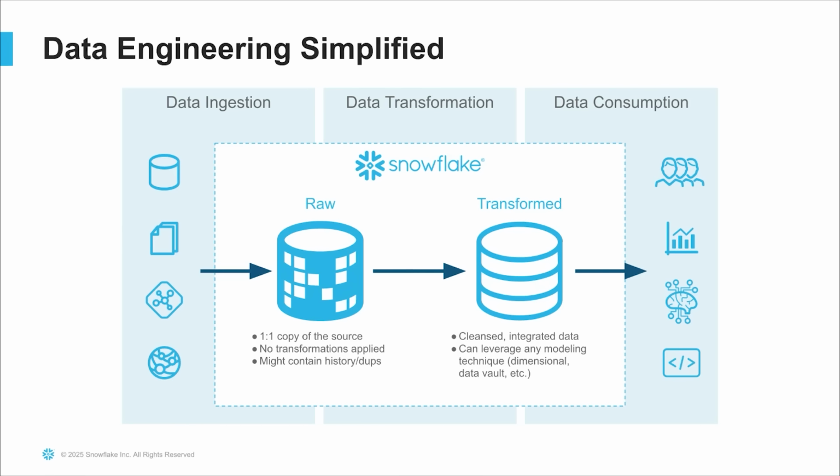And in the consumption layer, you could be using this data for different use cases like machine learning, analytics, AI, and simple dashboarding. Essentially, data engineering is ingesting data from different sources, transforming it, and giving it to consumption for different use cases and business teams down the line.